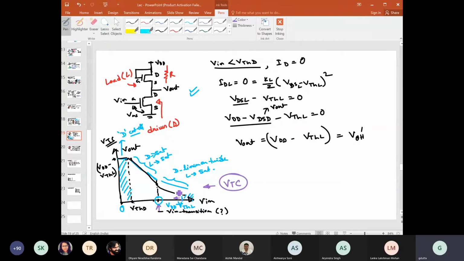That is another thing. And there are a couple of other issues, like we have already discussed, this point VOL dash and this VOH dash are not at their expected values, lower as well as higher.